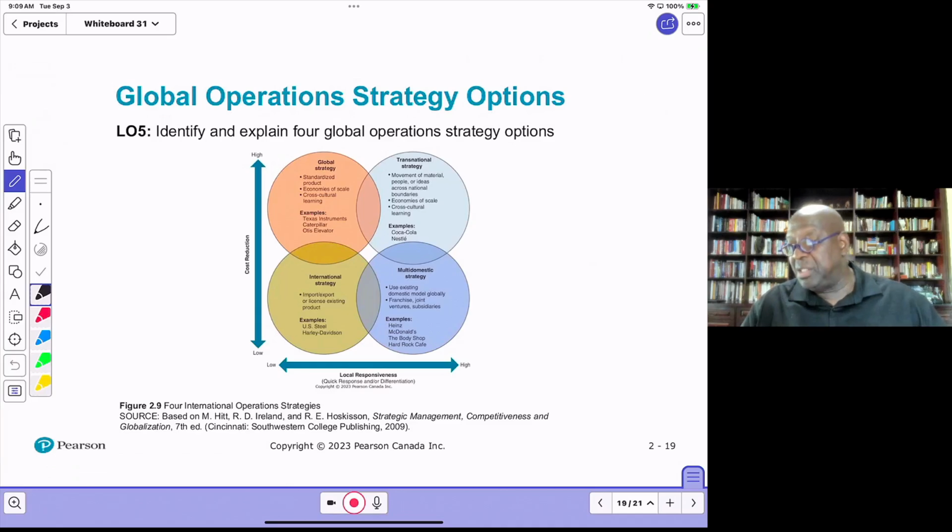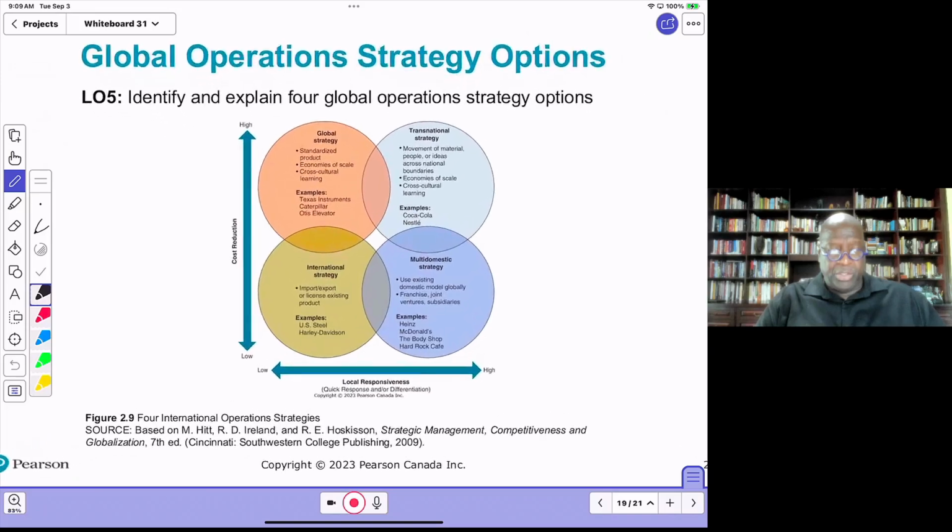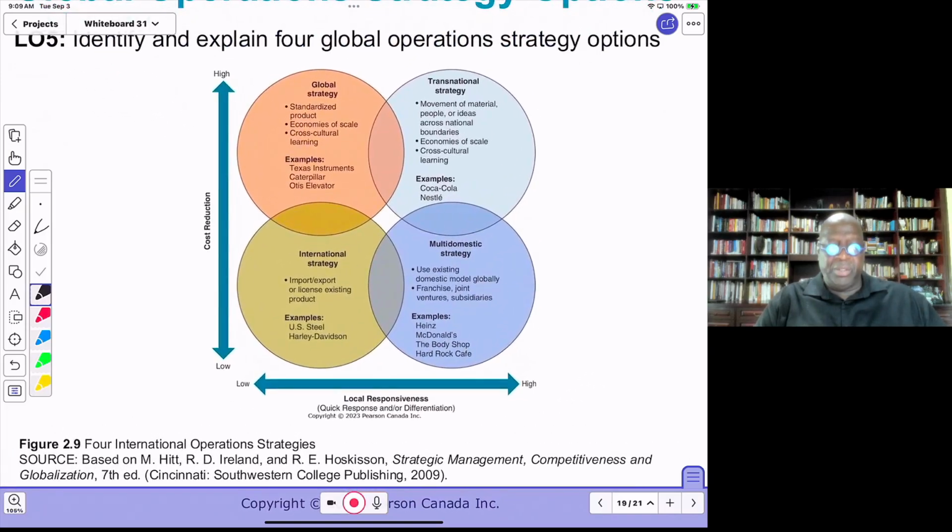Each of these strategies has its strengths and weaknesses. In terms of the international strategy, you basically function on an import-export license. The idea is that you don't necessarily go and set up factories in different jurisdictions. You produce a product in one location, and then you are exporting or importing the product.